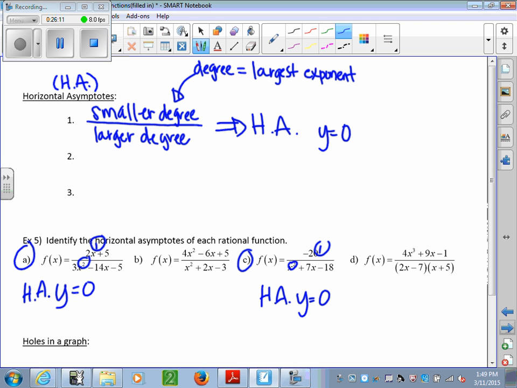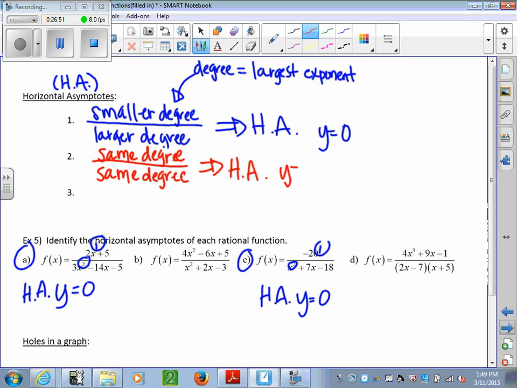Okay, so the next rule, if it's the same degree on top as it is on bottom, same degree over same degree, then your horizontal asymptote is y equals, horizontal asymptotes are always y equals, your leading coefficient.